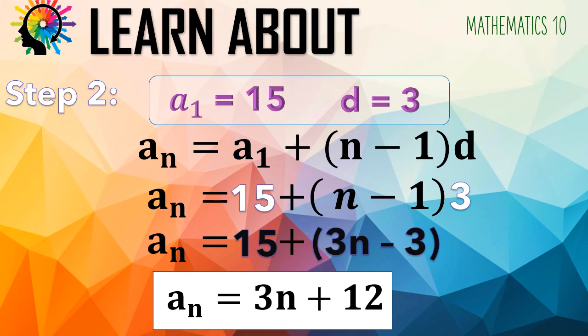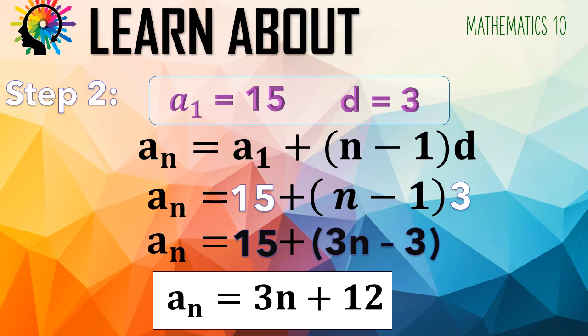We are supposed to write first the term with the variable, following the proper way of writing an expression based on the degree of each term. So 3n must be written first before the constant: 3n plus 12. Maybe you will ask me, Miss, can I have the answer 12 plus 3n?